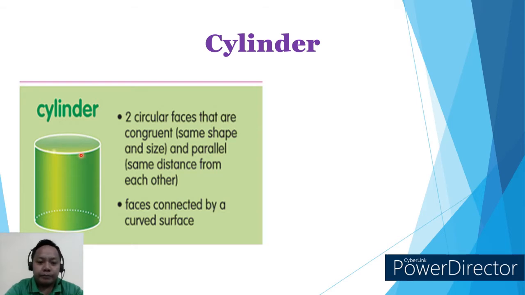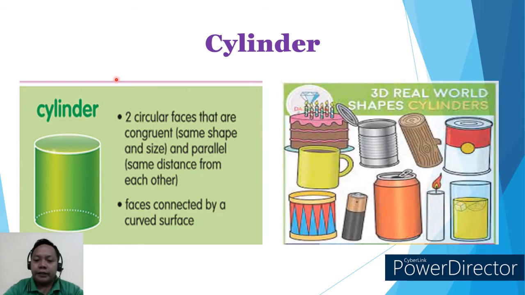Okay po? Faces connected by a curved surface. So, ito po ay pa-curve, no? So, tingnan po natin yung mga real-life example ng ating cylinder. Okay, dito po mapapansin ninyo sa ating real-life example, we have the can, the cake, the mug, the drum, the battery, and many others.